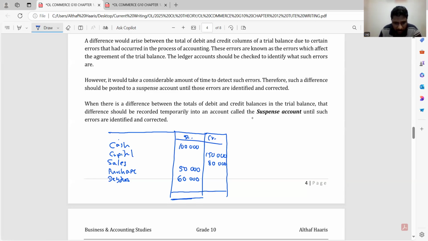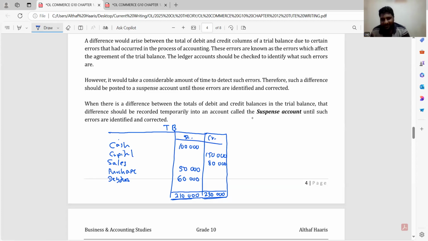When you take the total, you see here the credit side total is 230 and the debit side total is 210. Is the trial balance balancing or not? Not balancing.